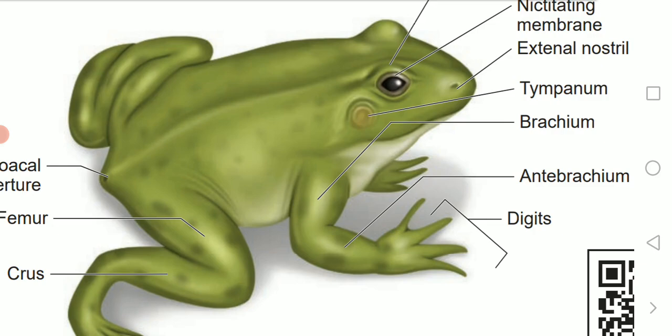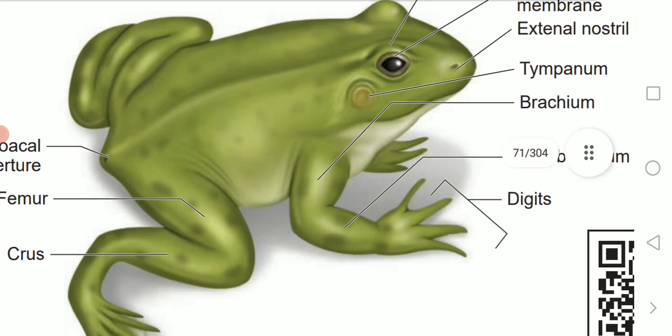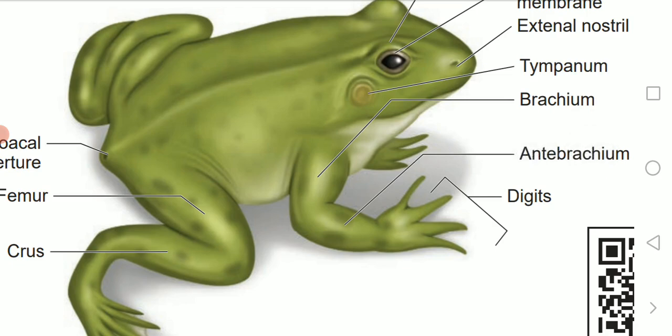External nostrils are present on each side of the median line. Eyes are large and project above the general surface of the body, and they lie behind the external nostrils.